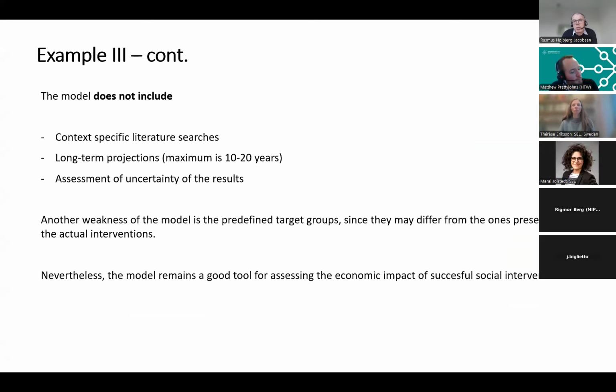And obviously, the predefined target groups, although there are many of them, and one should think that maybe you can always find one that fits, that's not really the case because municipalities are different and settings are different. So that's an ongoing challenge with the use of this type of model, that everything is predefined. But I think it still remains a good tool for assessing the economic impact of social interventions.